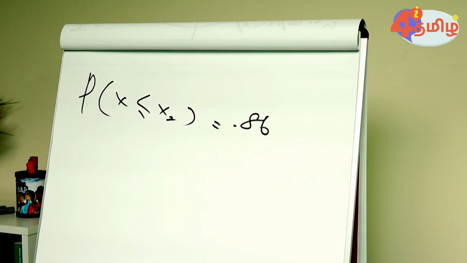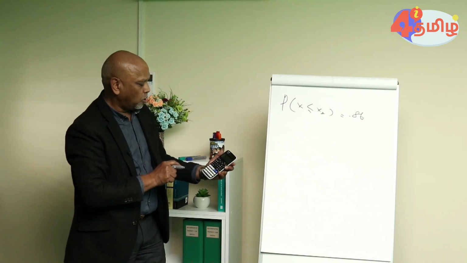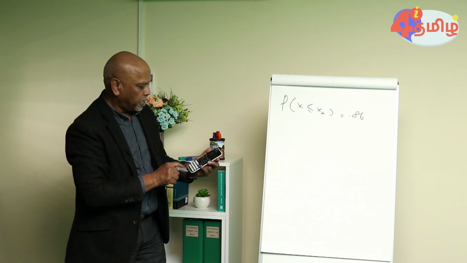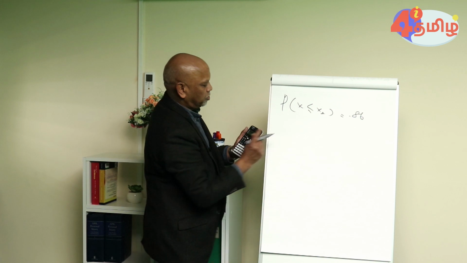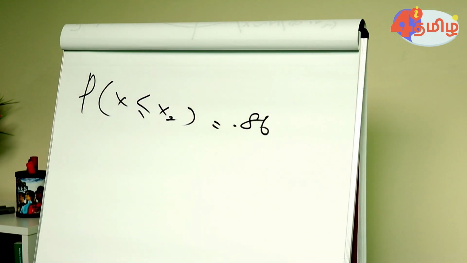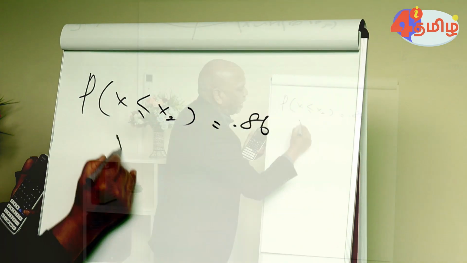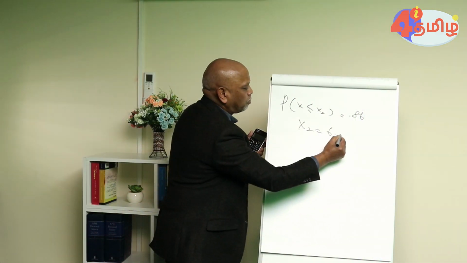So we have to go back to the inverse selection. Normal distribution, option 3 for inverse. The area is 0.86, the standard deviation is 10, mu is 50, and the value is 60.8, so x2 equals 60.8.